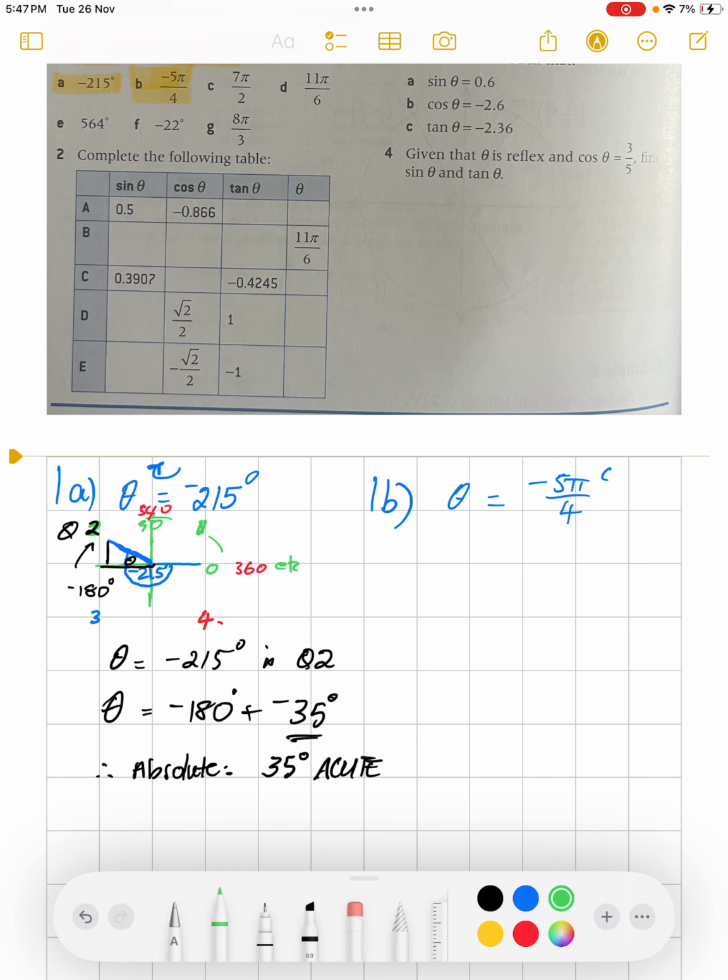All right, let's have a look at part B. Again, we've got our y-axis, our x-axis, I put little arrows. And we want negative 5 pi over 4. Well, each pi is 180, and pi over 4 is a quarter of 180.